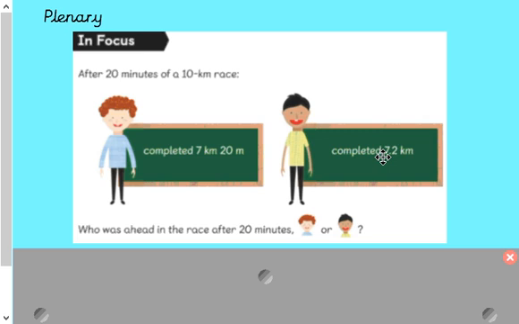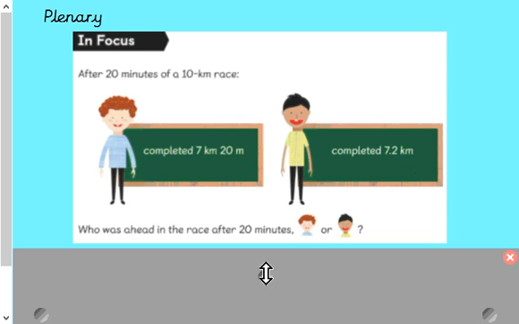And I think the best way to do this, the easiest way, would be to take this one here and turn it into meters. Okay, so 7.2 kilometers would be 7,200 meters.